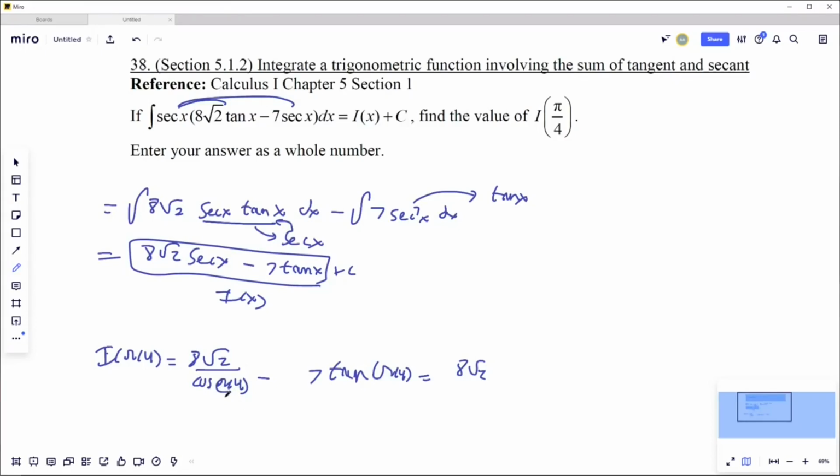So 1 over radical 2 times radical 2. You can do this with the calculator, but I prefer doing it mentally. Radical 2 times radical 2 gives you 2, so 8 times 2 you get 16, 16 minus 7 you get 9, so your answer is 9.